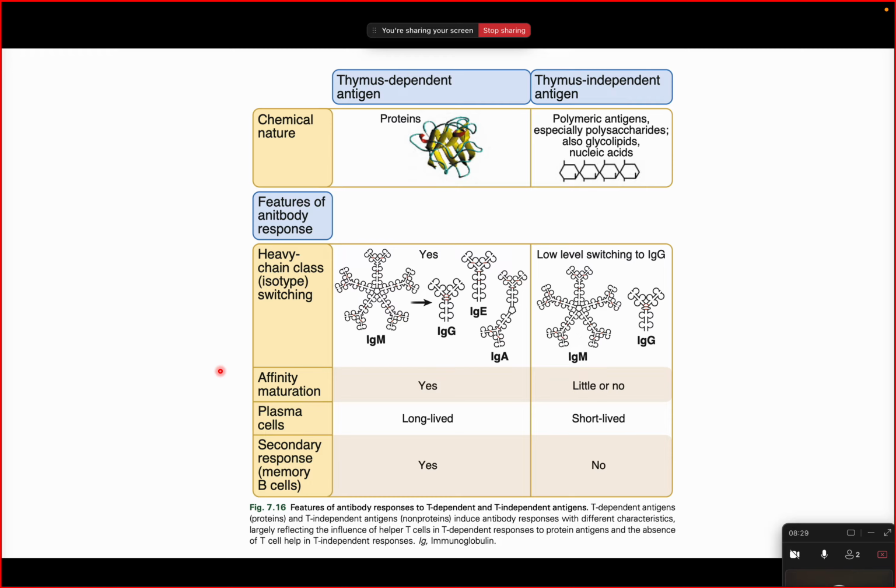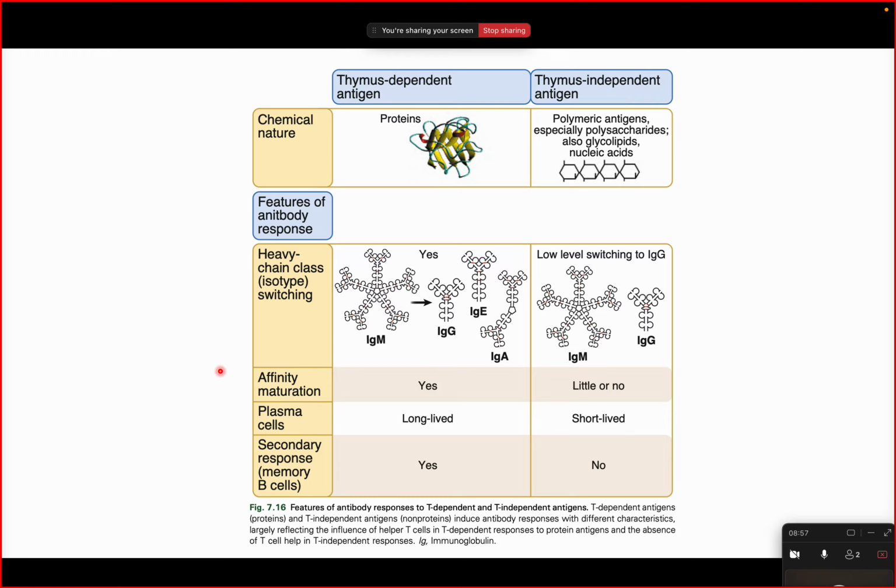Now when we talk about plasma cells, which are basically the antibody secreting cells, they'll be long lived, so that the high affinity, highly specific antibodies can be secreted for a long duration of time. But when we talk about thymus independent maturation, they are there just for the immediate response. Okay, so for the immediate response they'll be very short lived.